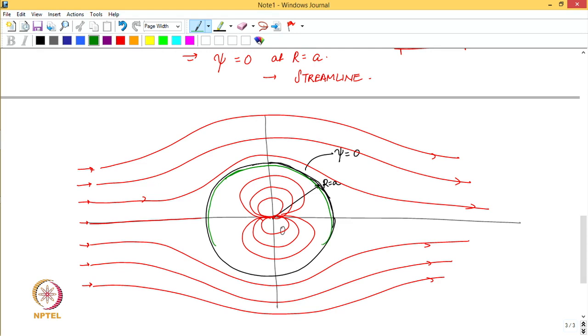So, I am trying to draw a green line here which is very close to the cylinder surface, just to make sure that the two lines do not coincide, but basically it is the same r equal to a line.